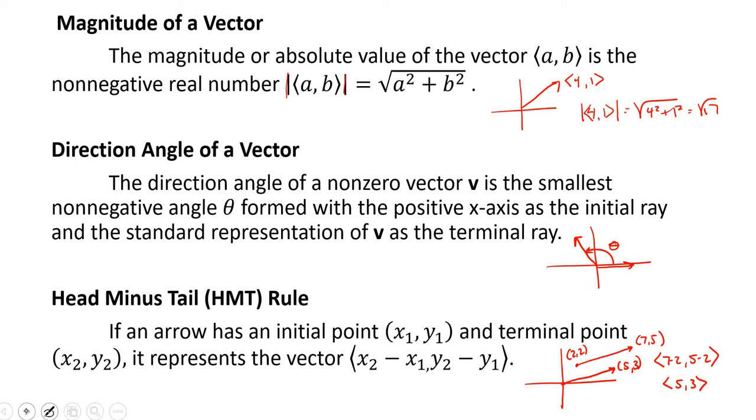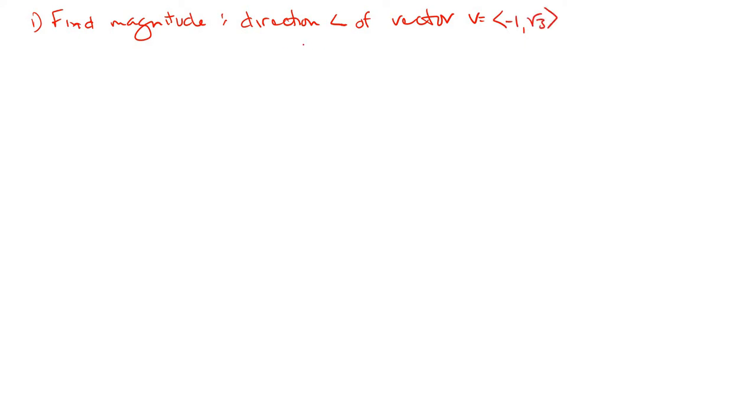So let's do some work here. Let's find the magnitude and the direction angle of vector V, which is going to be given as ⟨-1, √3⟩.